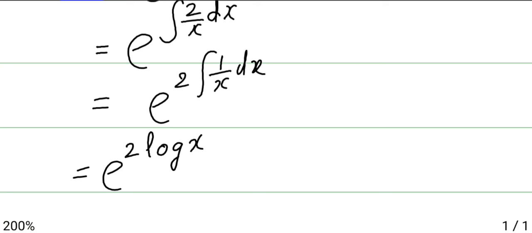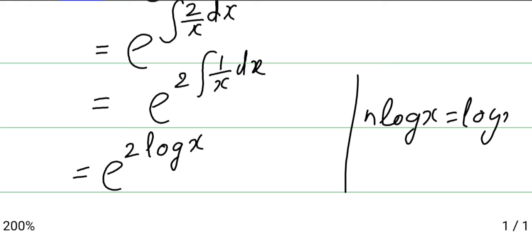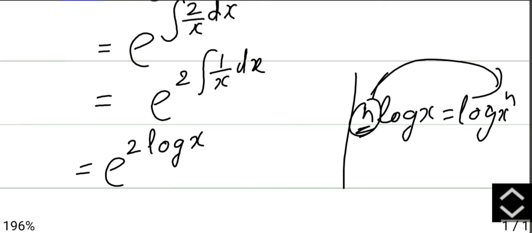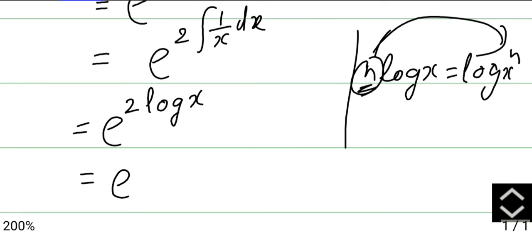Now whenever a coefficient comes, that is n log x, it can be written as log x to the power of n. The coefficient of log should be made as the power of the term in log. So I'll write this as e power log of x square.